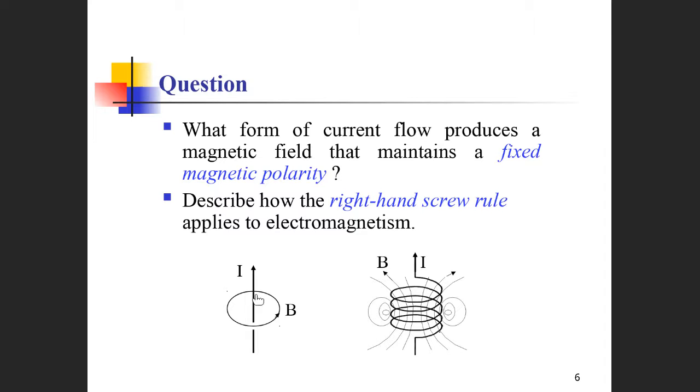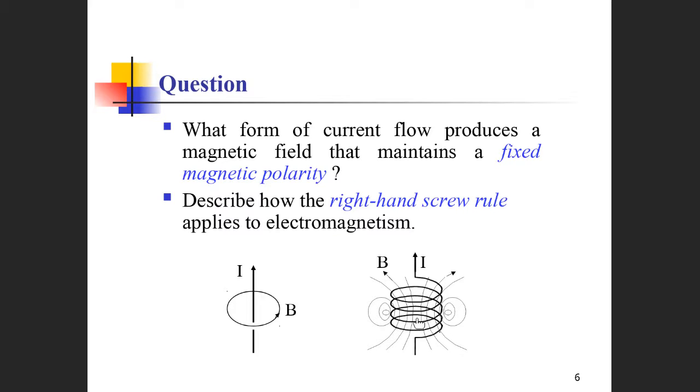when there is a current, that current produces a magnetic field surrounding it. These are the first concepts we learned. And then if we use a wire carrying a current and make it into a coil like this, we can produce a strong magnetic field inside the coil in a direction like this.